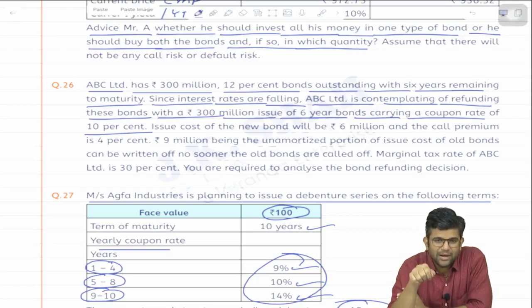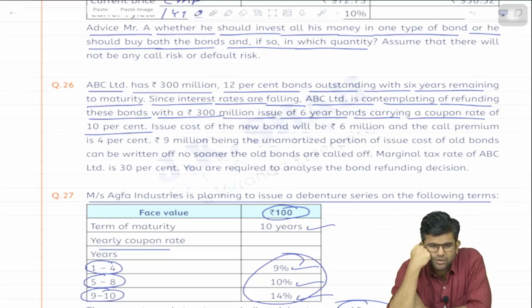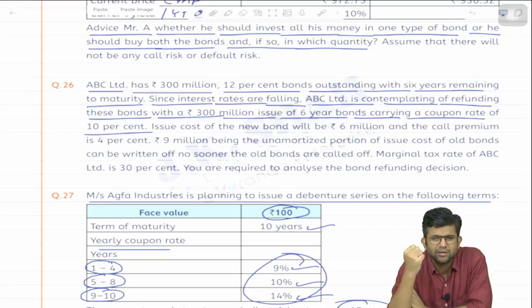But right now I am getting a cost of capital of 12%, ignoring tax right now. Everyone clear? KD, cost of debt. For me, right now the KD is 12%, I am paying 12%. But today if I would have issued a new one, I would have been able to raise money at only 10% cost.